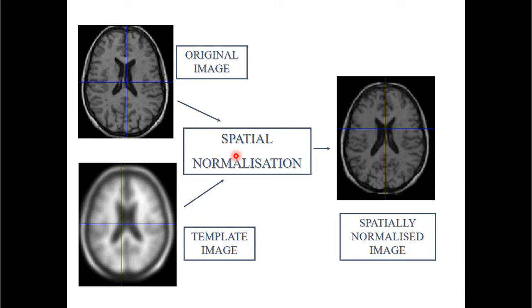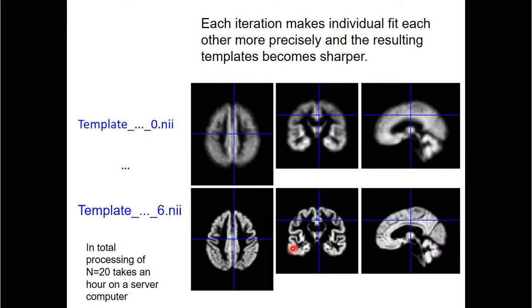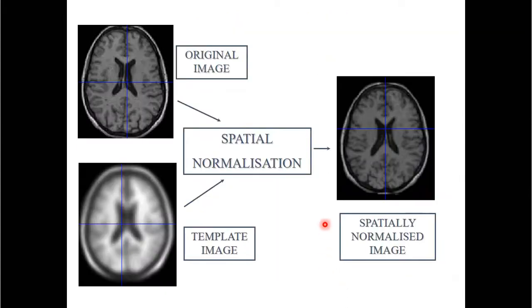But since the difference between this and the group, the MNI template, is a minor difference, the normalization step takes surprisingly short. This is quite a fast operation.